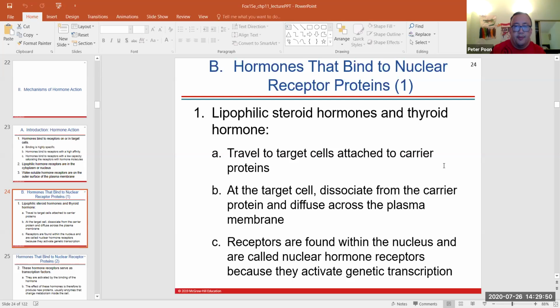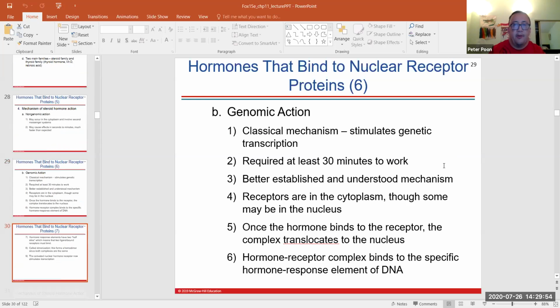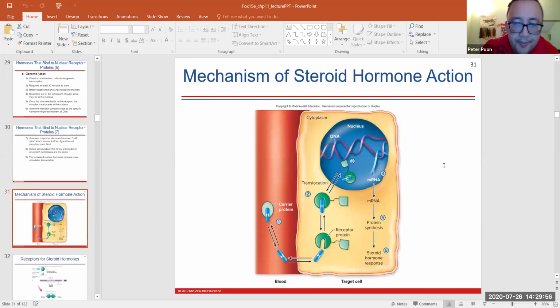Let me show you the picture of how it works. The major mechanism of action for steroid hormones is that they modify the transcription profile of the cell.